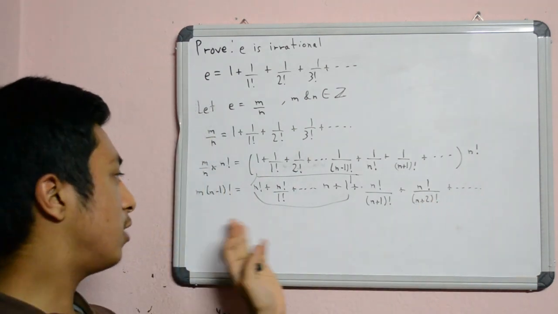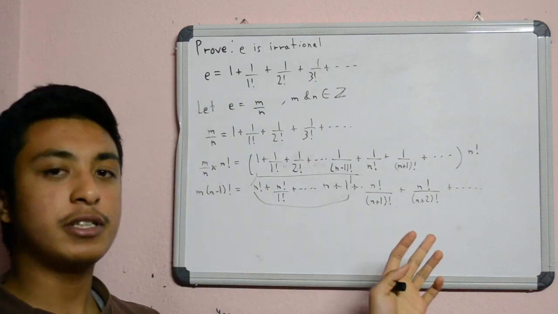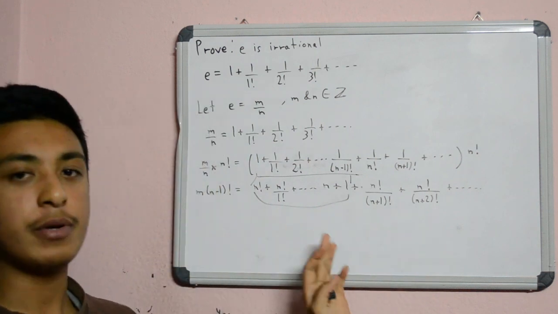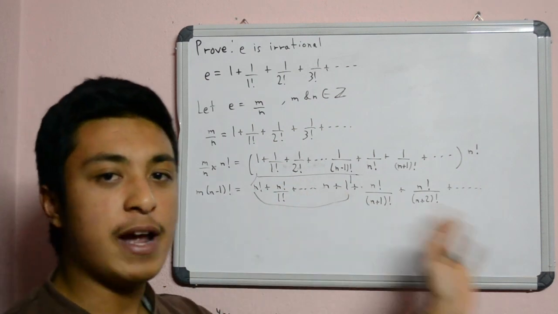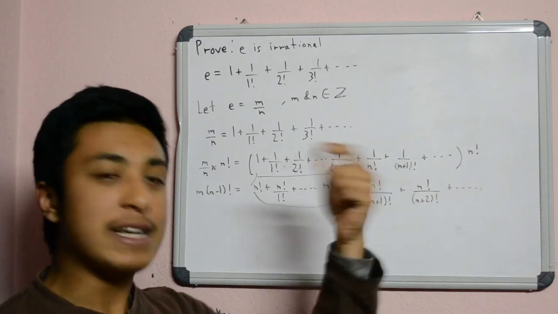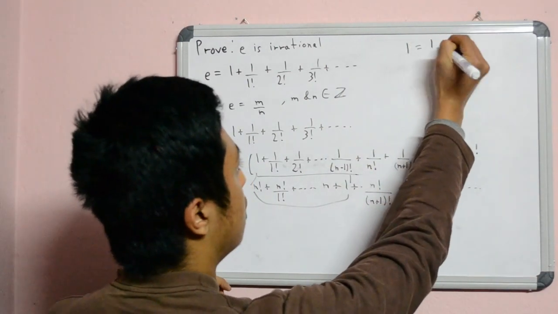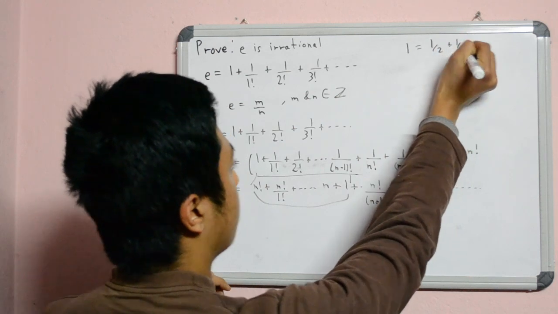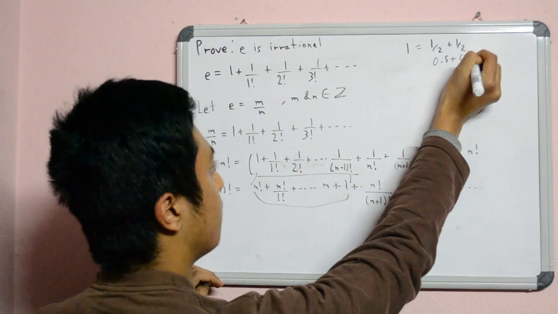Now we cannot just say that we have integer equals integer plus fraction, so proof by contradiction right away. No, because just because you have some fractional values doesn't necessarily mean that they will add up to not be an integer. Here, 1 is just 1 by 2 plus 1 by 2, and 1 by 2 is just 0.5 plus 0.5.